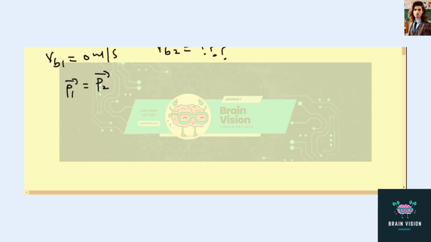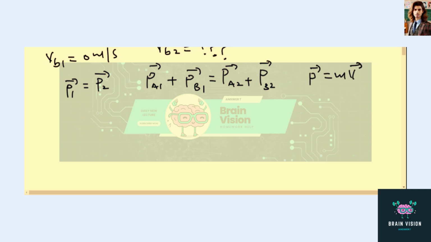If the collision is between two particles A and B, then the initial momentum of particle A plus the initial momentum of particle B is equal to the final momentum of particle A plus the final momentum of particle B. And momentum P is given by mass times velocity.